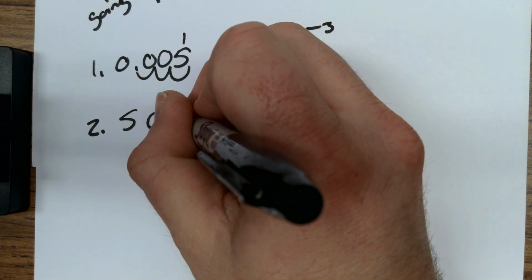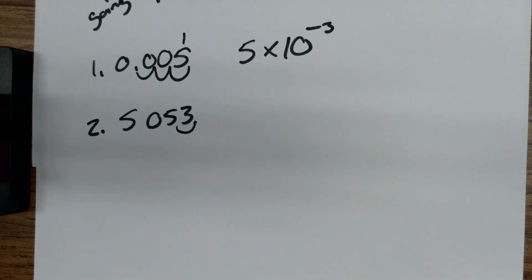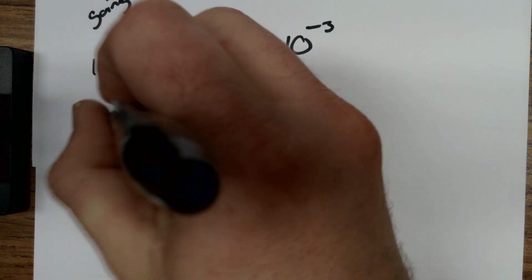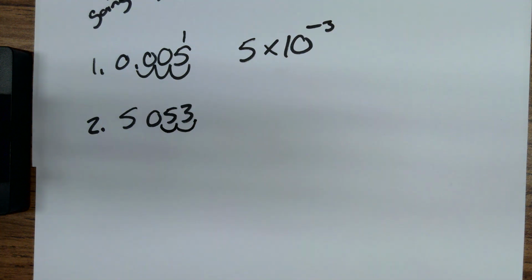So if I move my decimal over 1, 505.3, is that bigger than 1, smaller than 10? No. Keep going then. 50.53, is that bigger than 1, smaller than 10?